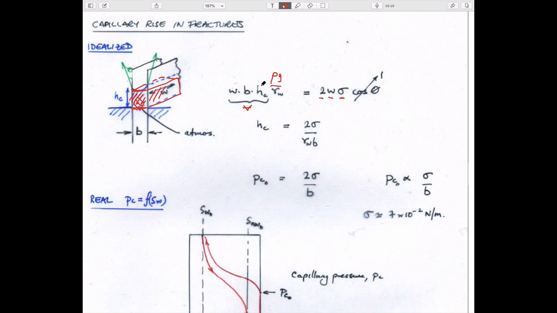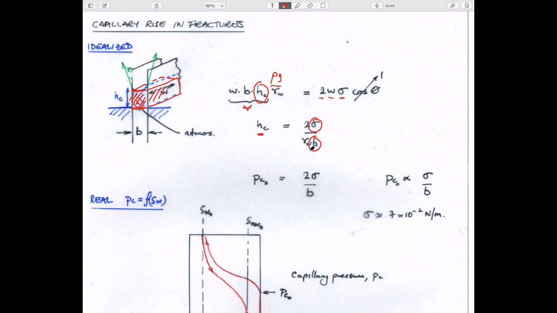And so if you rearrange this to solve for this, actually you end up with a very similar relationship, which gives you a height rise which is proportional to the interfacial tension and inversely proportional, not to the diameter or the radius, but the width. Smaller the width, more it goes up. Wider the width, no resistance to flow.